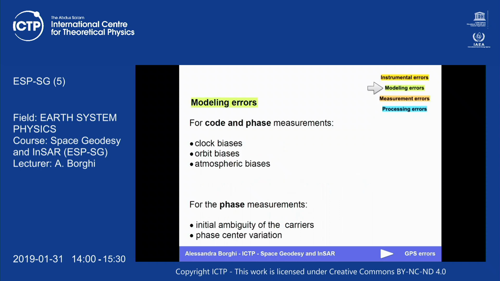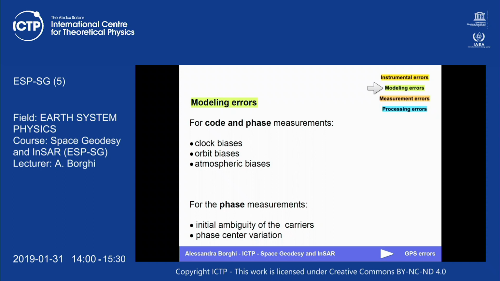The other type of error that we can have is modeling error, and we have different errors. It depends on whether we are using code or phase measurement, or just phase.